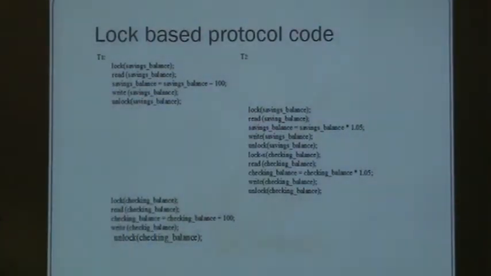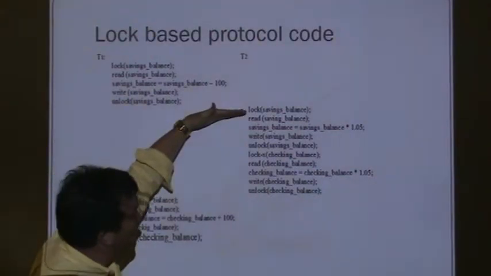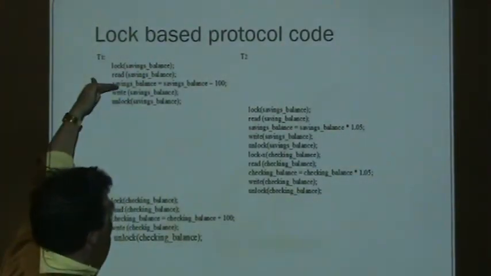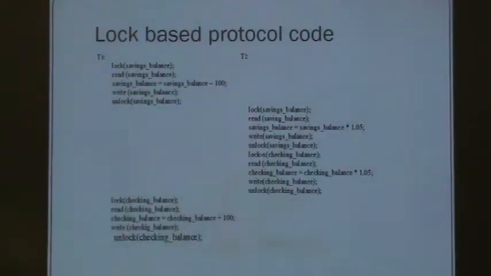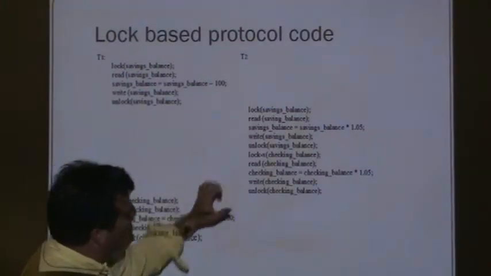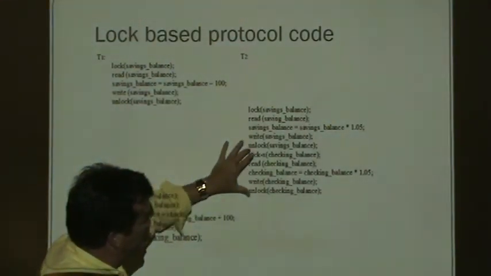So the idea that this would happen, where we were updating these fields and then these ones changed, would not be the case. So we could put locks around the savings and the checking balances.